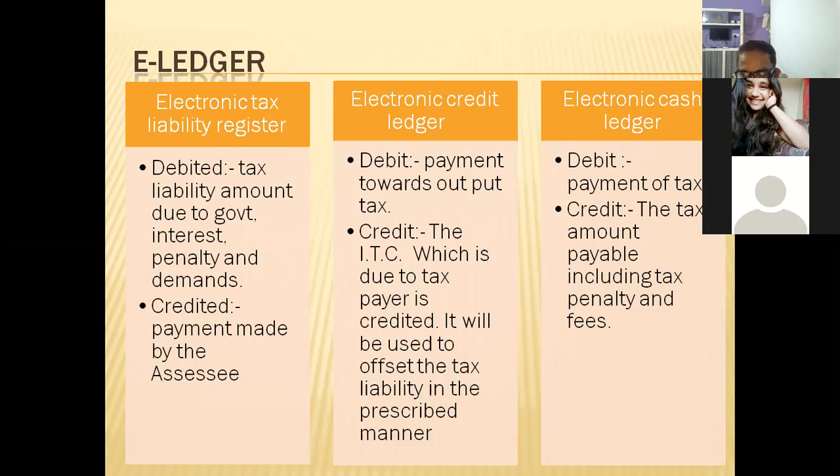So in the debit column, you will find the payment made towards output tax. And what is in the credit column? Whatever input tax you paid, that is called ITC, will be entered in the credit column.